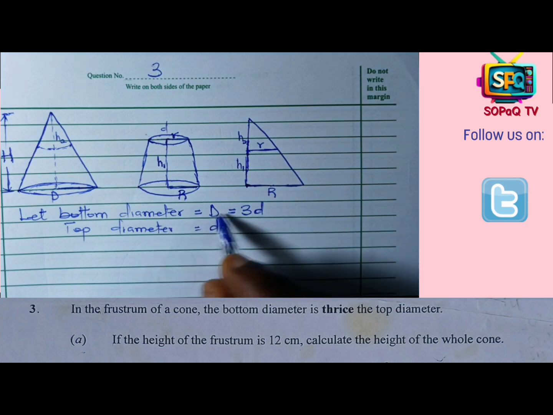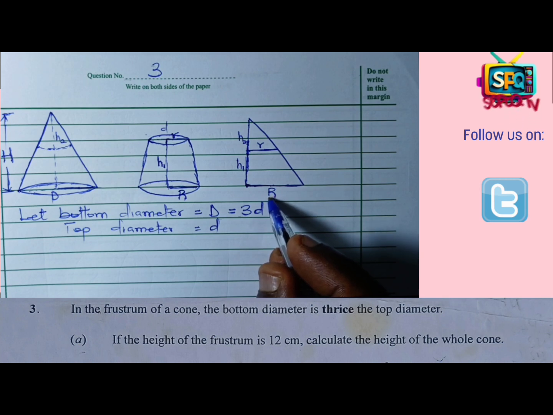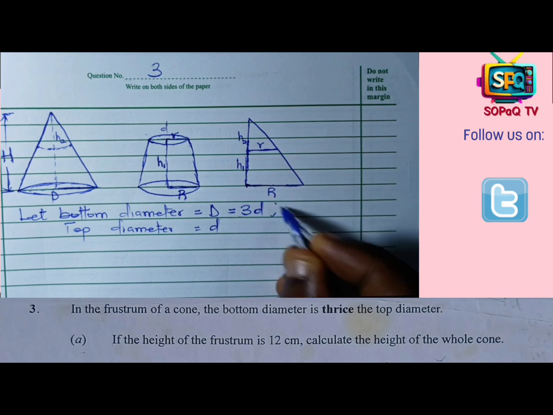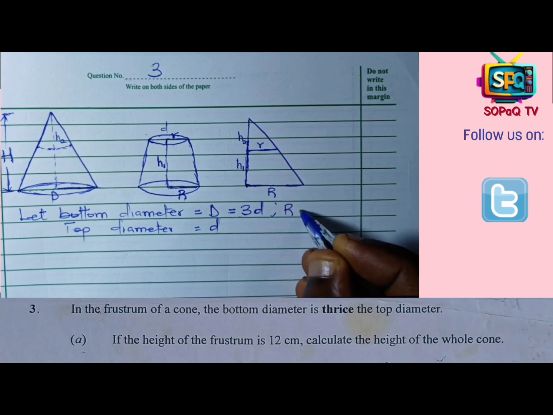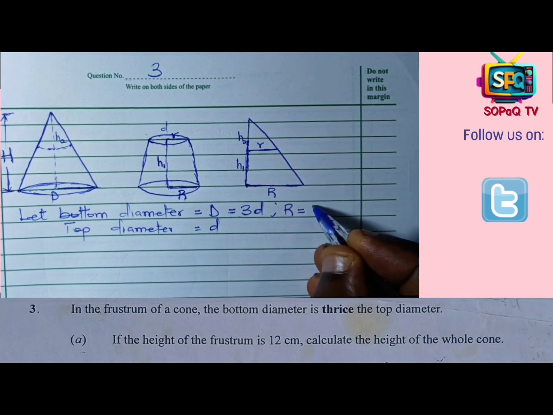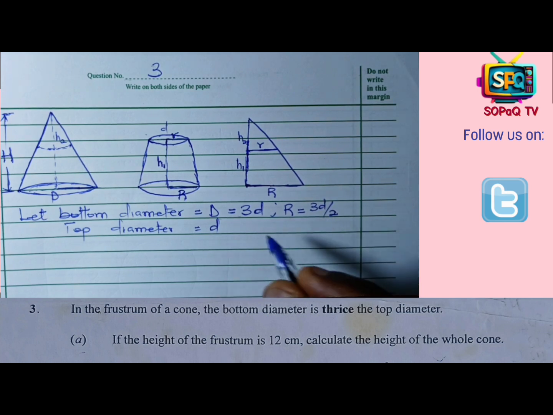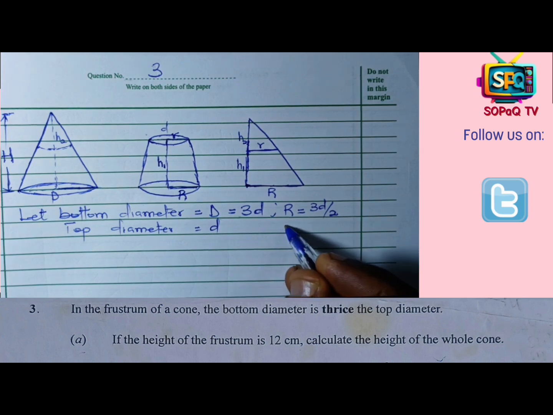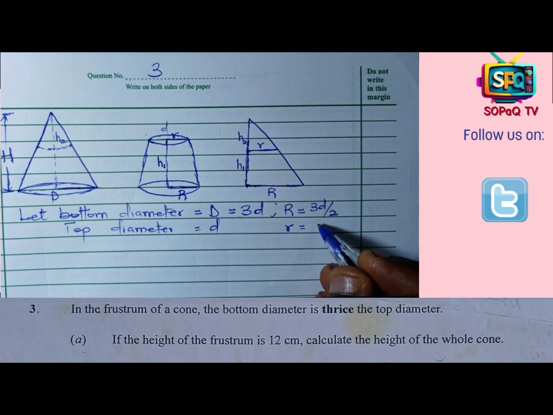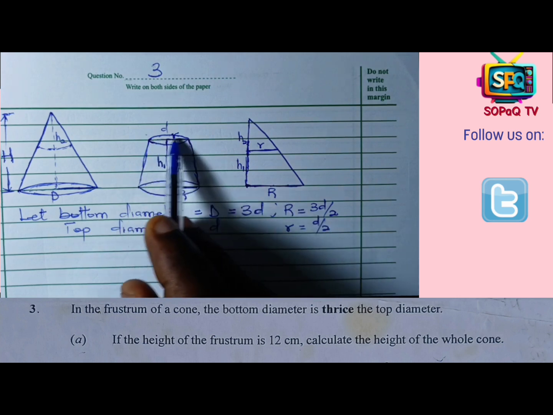The radius for the bottom diameter goes with the capital R. So the capital R is going to be 3d on 2. That is half of the diameter. And then the radius for the small one will be d on 2. That is also half of the diameter here.